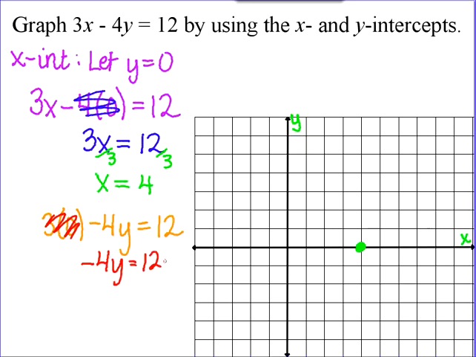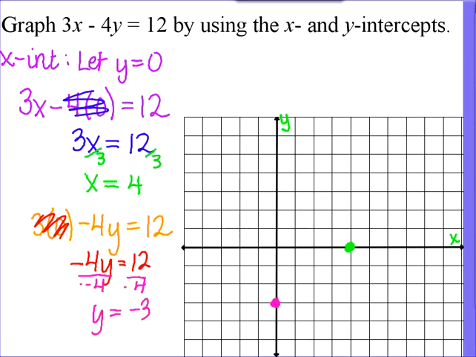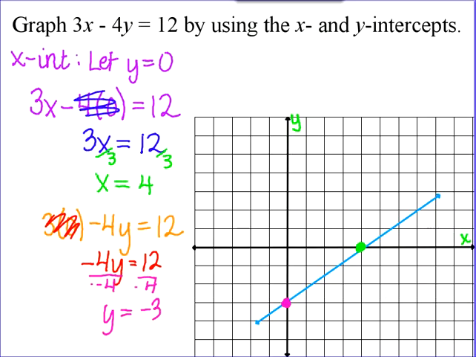What do you do now? Divide by negative 4. What does y equal? Negative 3. So where am I going to put a dot if I'm here at the origin? Down 3. What are you going to do with those 2 dots now? Connect the dots, with a line. So that is how you do that with the intercepts.